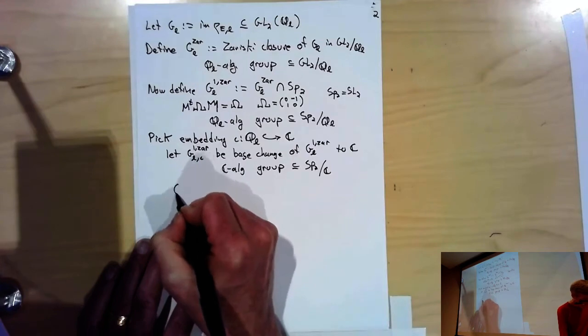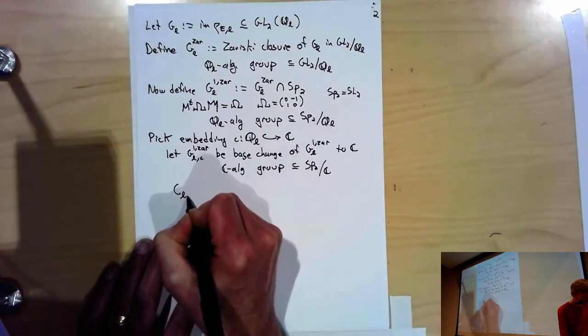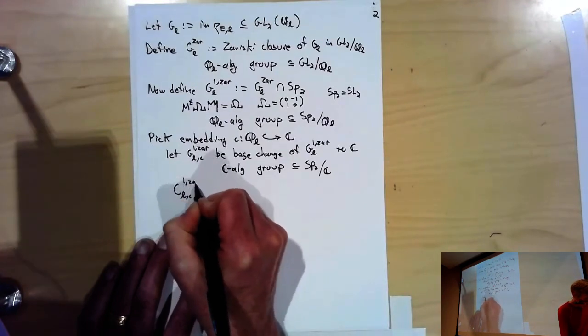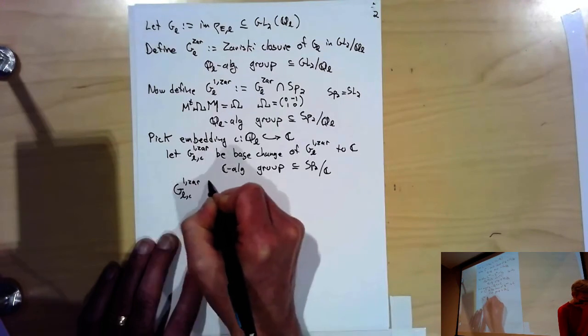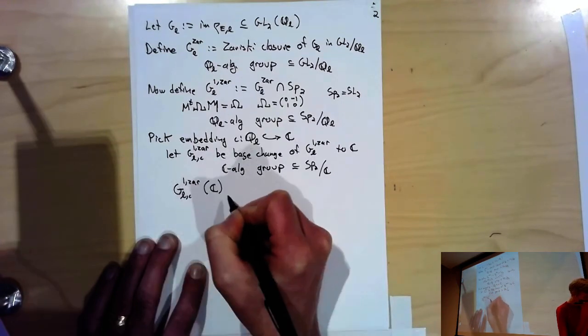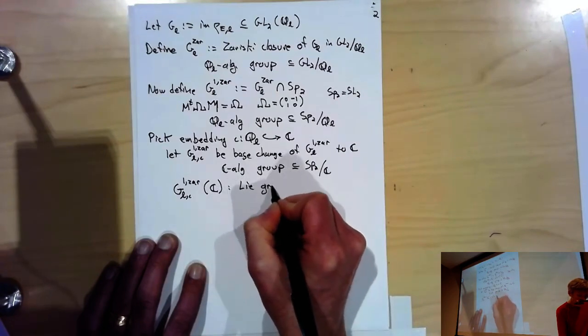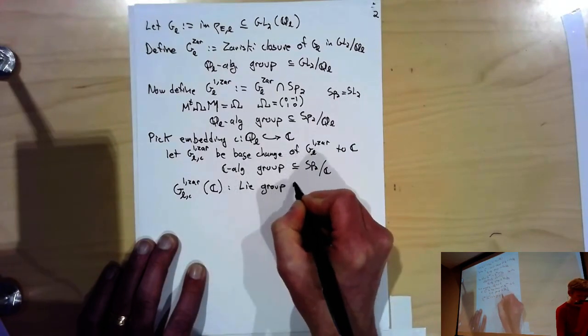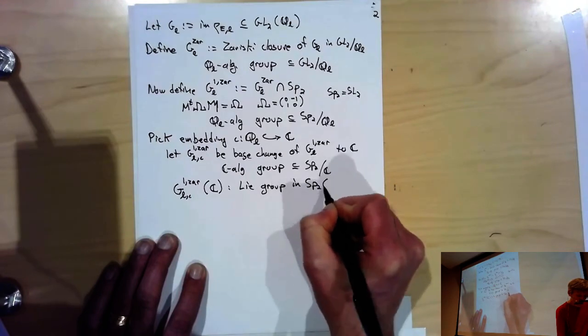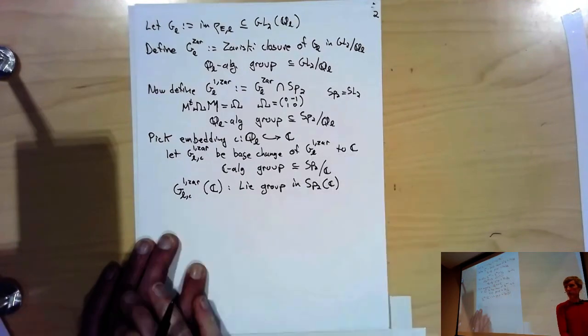Now, if we look at the C points in our C algebraic group, okay, this is a Lie group sitting inside SP2 C, which is where we wanted to wind up. Okay, we're not quite there because it's not necessarily compact.